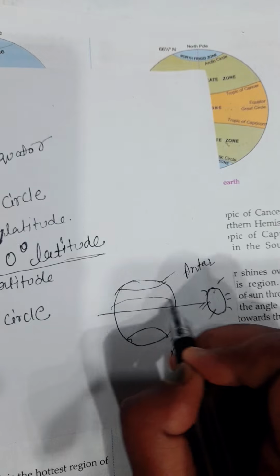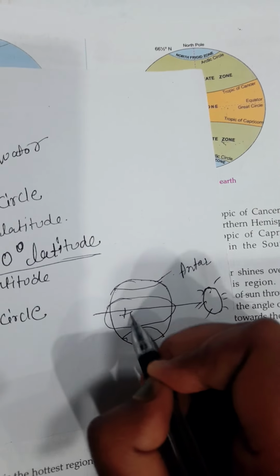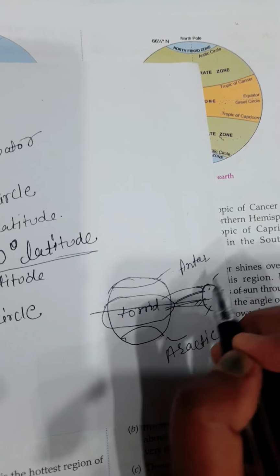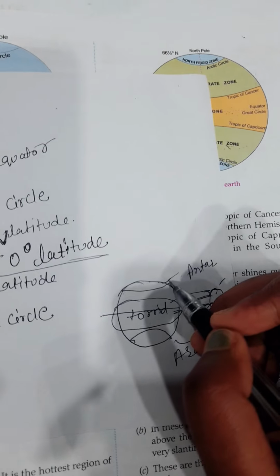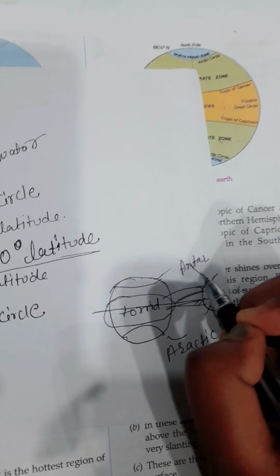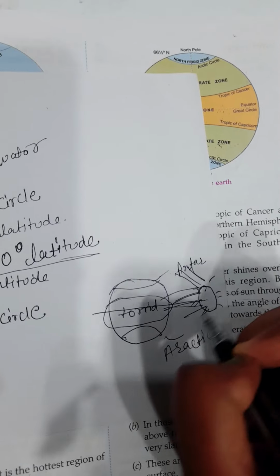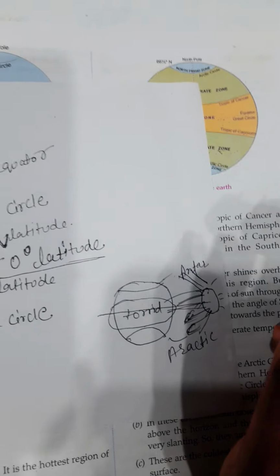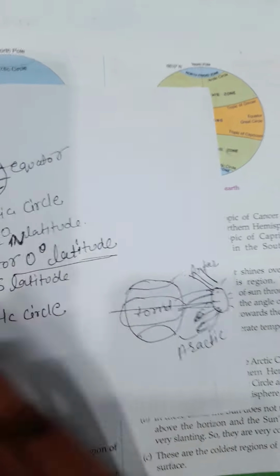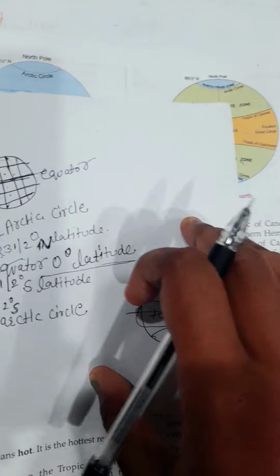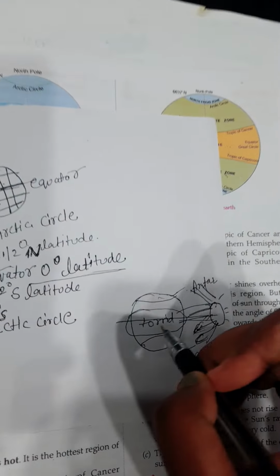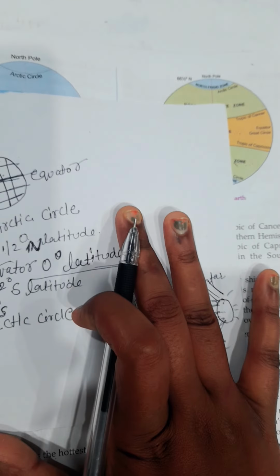We talked about this is our torrid zone, direct sunlight, and when we talked about the temperate zone, slanting, slanting sun rays from the sun. So that's why this region is neither too hot nor too cold, as the sun rays fall slanting on this part of the earth. Clear, student?